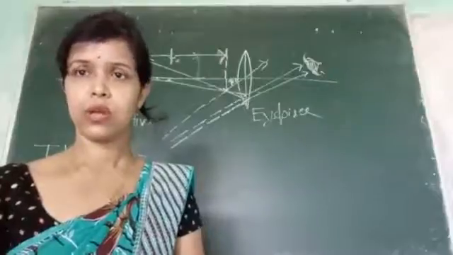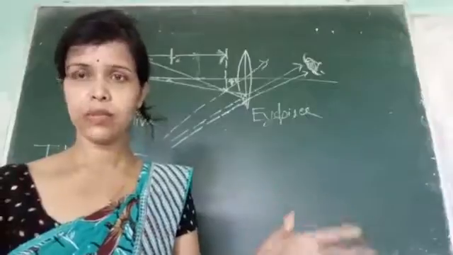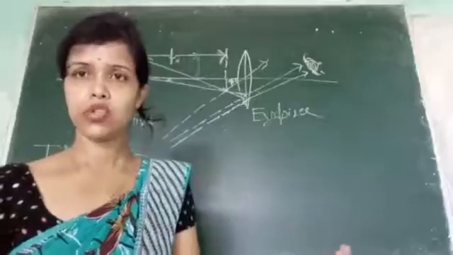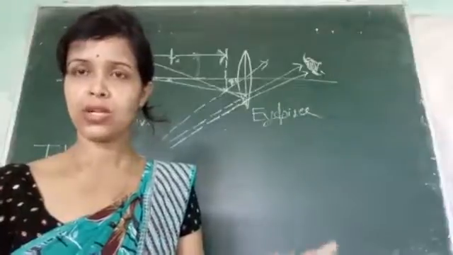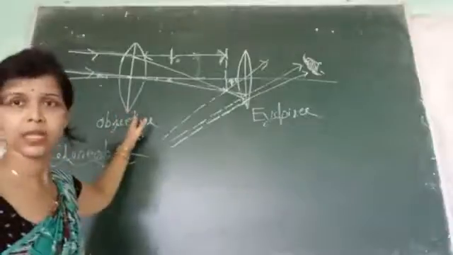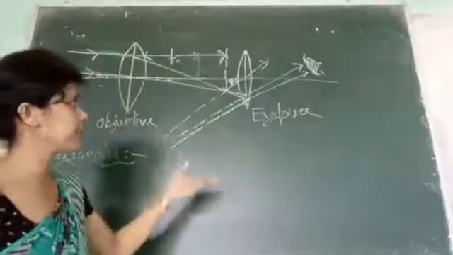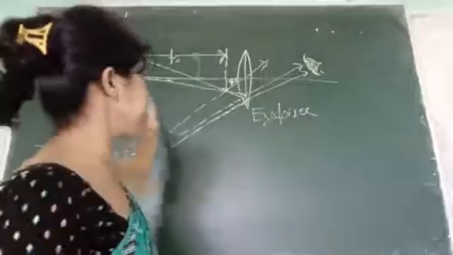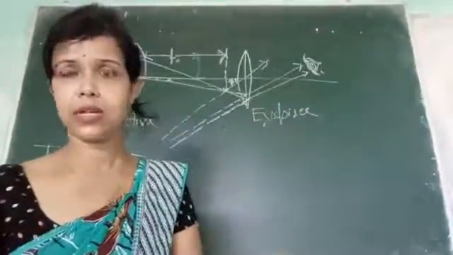So in a compound microscope two convex lenses are used, and similarly in the case of a telescope also two convex lenses are used, but the difference is that in a telescope the objective lens has the larger aperture, that means it has the larger focal length, whereas in a compound microscope the objective lens is small and the eyepiece is larger than the objective.